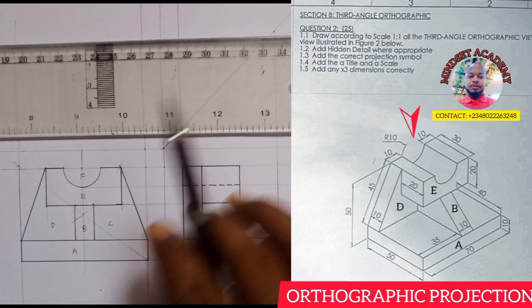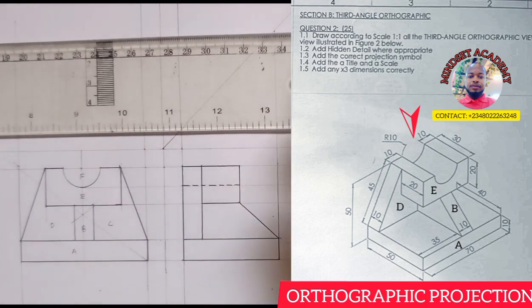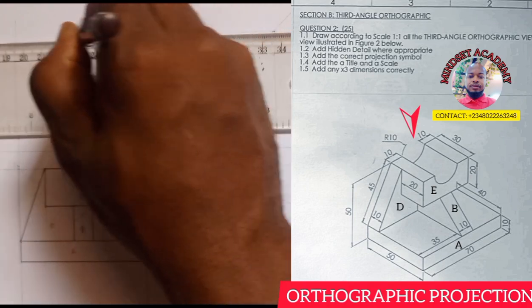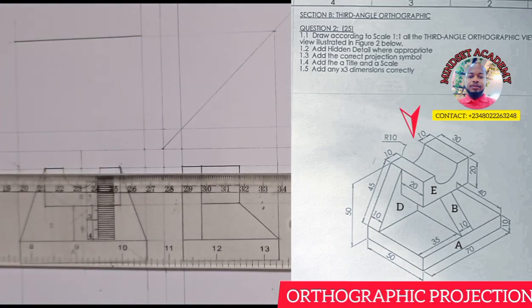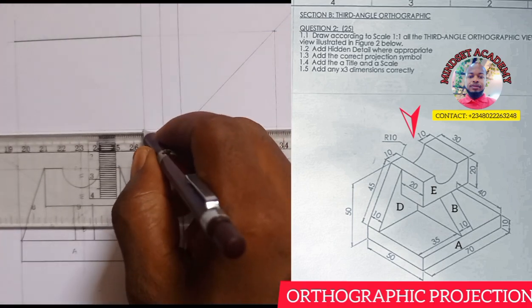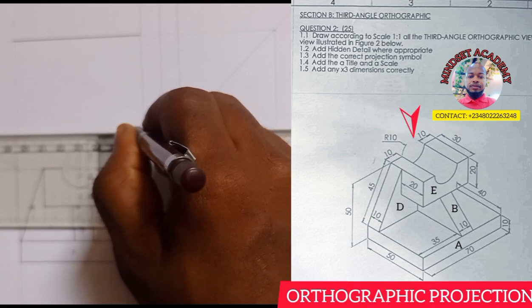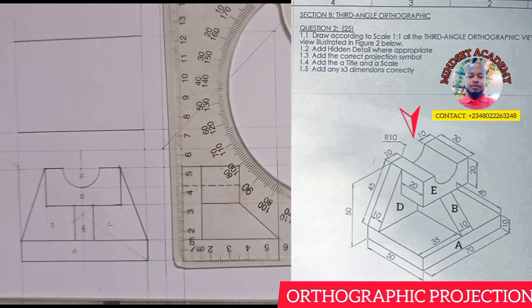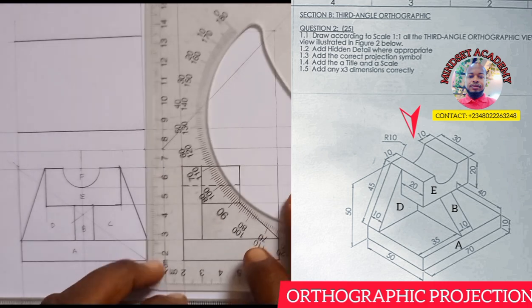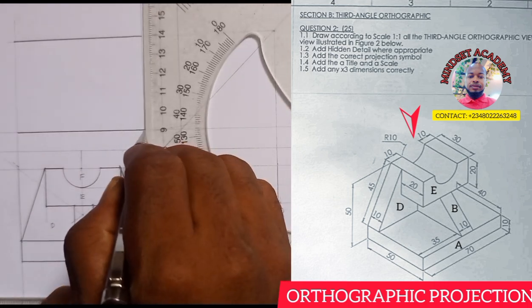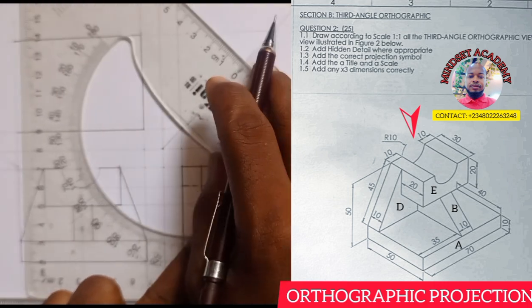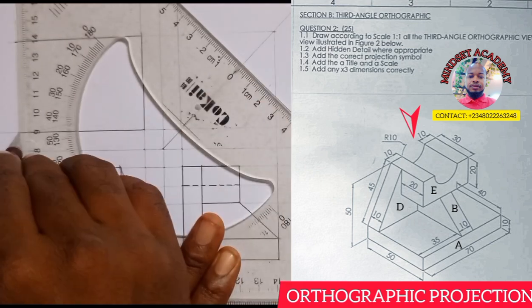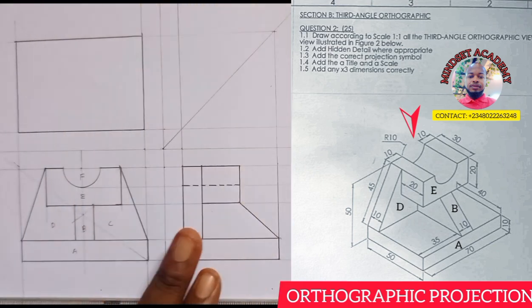So where both of them meet will be the thickness of my plan, which I am going to thicken. Thicken everything round, because the plan, you will see everything round. This way, looking at it from the top.